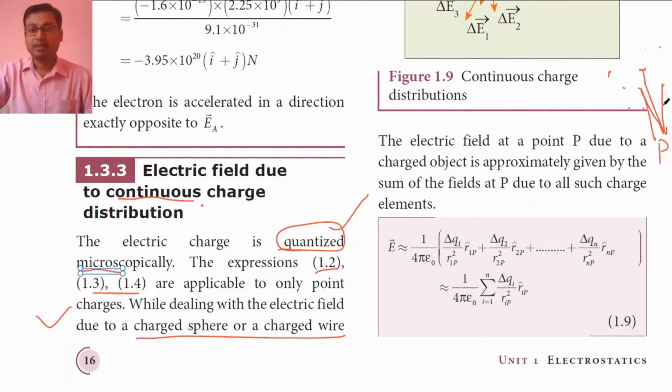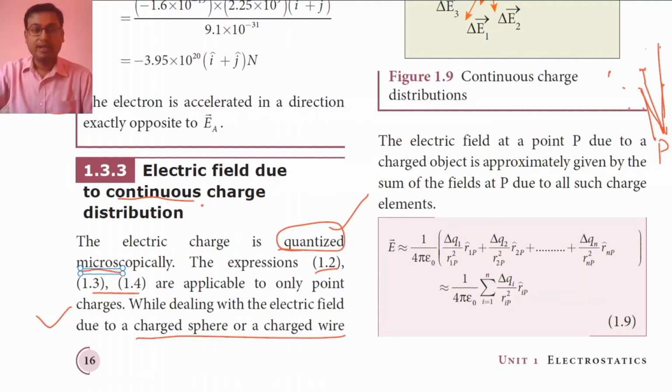Suppose we have a sphere, like a football or a ball, or anything spherical in shape, and charges are distributed equally on the surface of the sphere, and we have to find out what will be the electric field in 3 different situations.